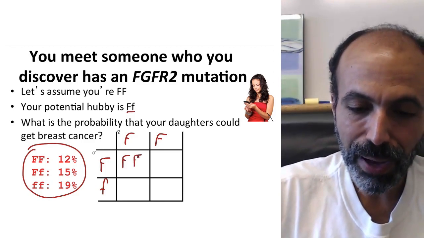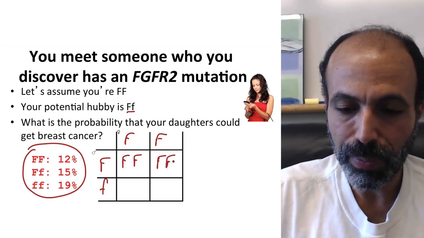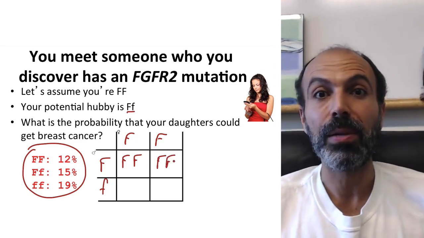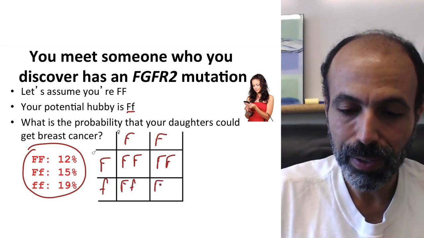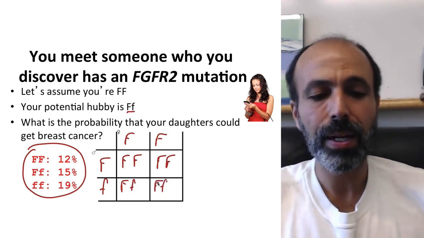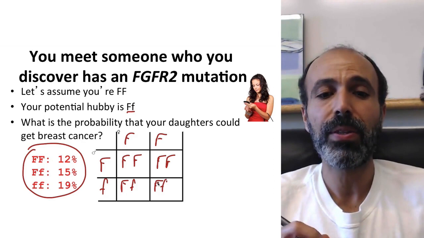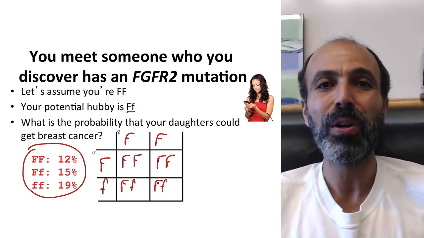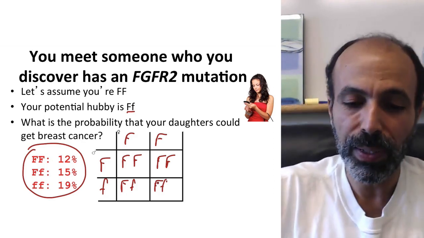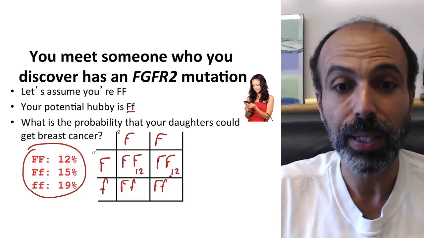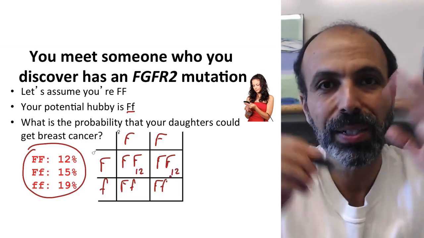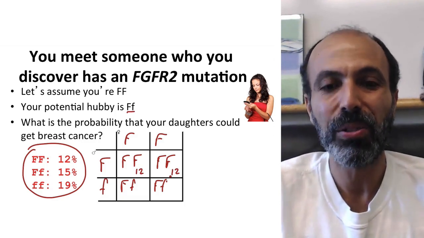Well, half your daughters will be big F. So half your daughters will be just the same as you. Half your daughters will have this mutation because they'll have the thing coming from your new hubby. So there's a slight increase, but these ones have a 12% chance of getting breast cancer based on this gene alone. Of course, we're not considering everything else like lifestyle and other genes.